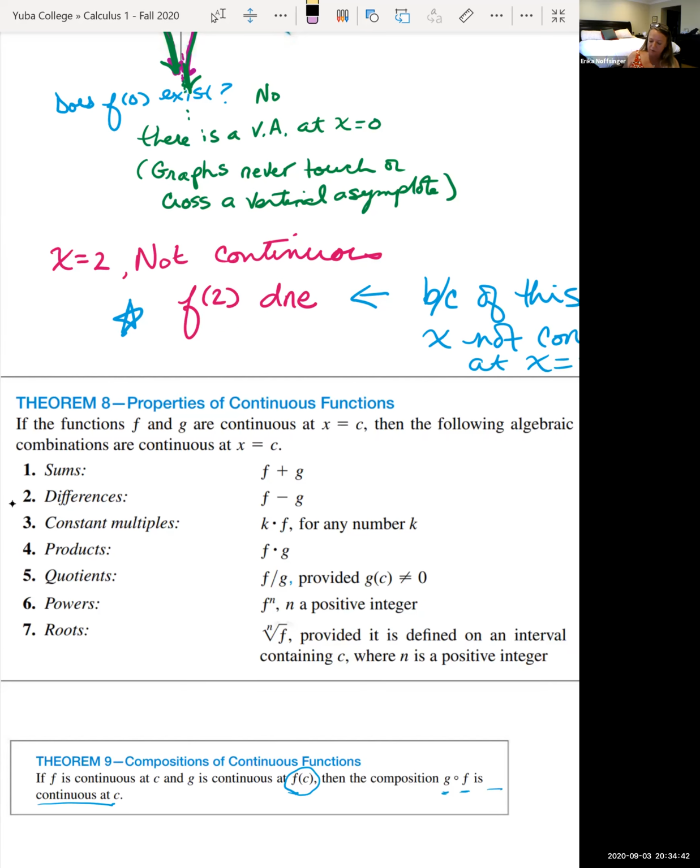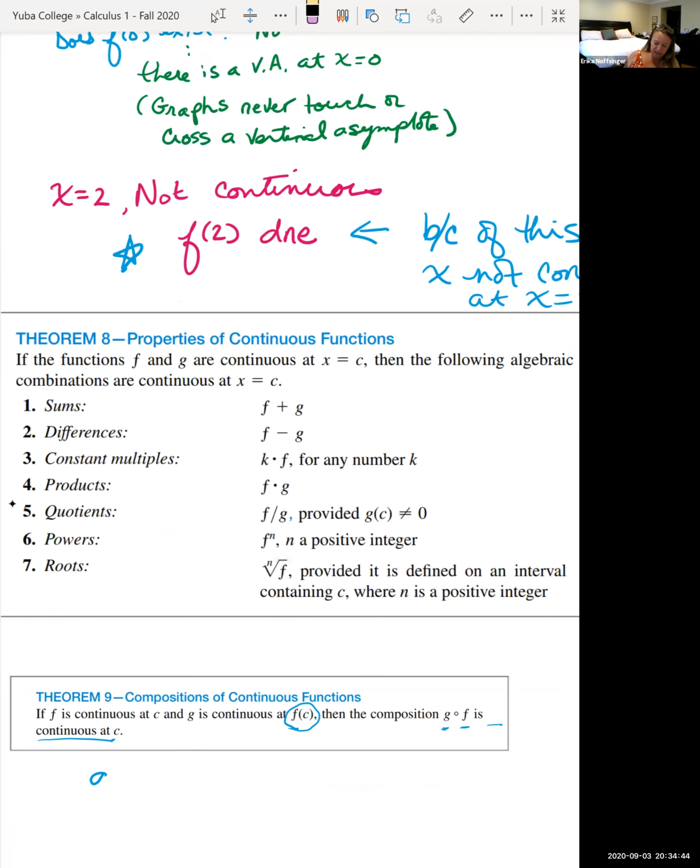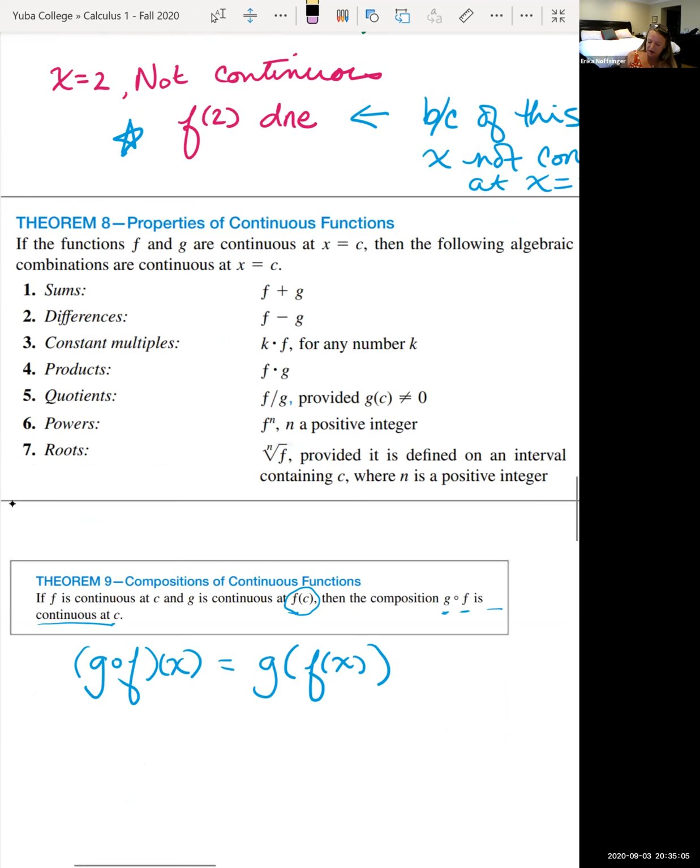So just kind of recall composition of functions. You denoted that with a little circle in between the two functions of x. Another way to write this is plugging in your equation f of x wherever you saw an x in g of x. So up here, this is basically saying g of f of c, where x is equal to some c.